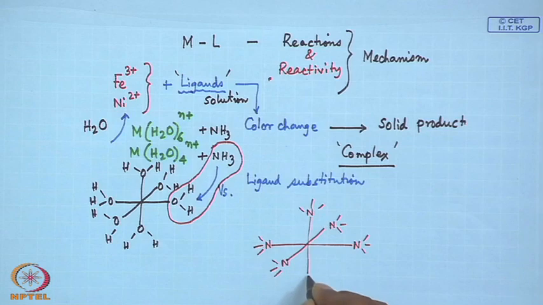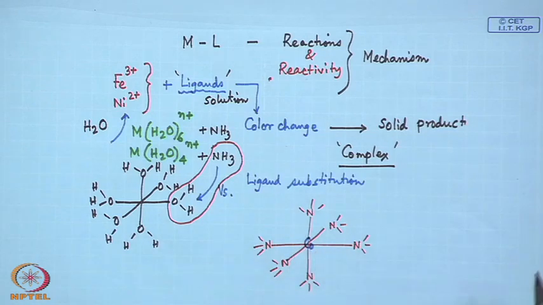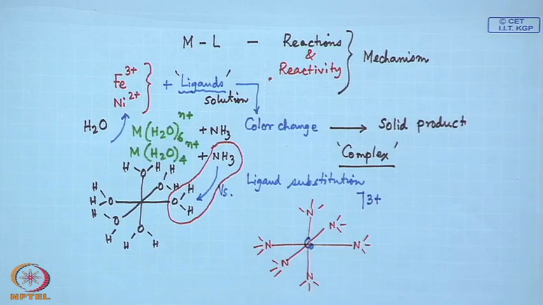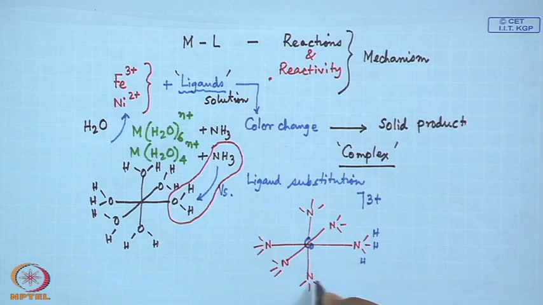So, 6 ammonia groups are attached to the center, and if this center is, say, a cobalt center, it is nothing but the hexaamine cobalt(III) cation, which is pretty stable, as we all know, and it can be prepared from cobaltous chloride very easily. So, this has all hydrogens.